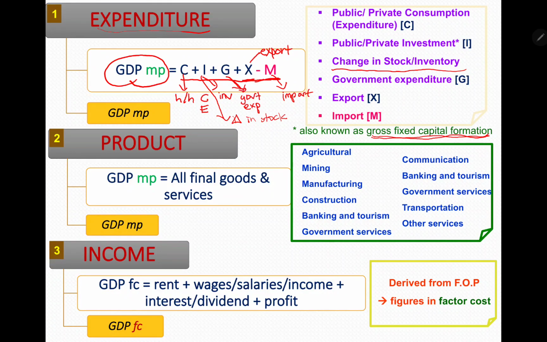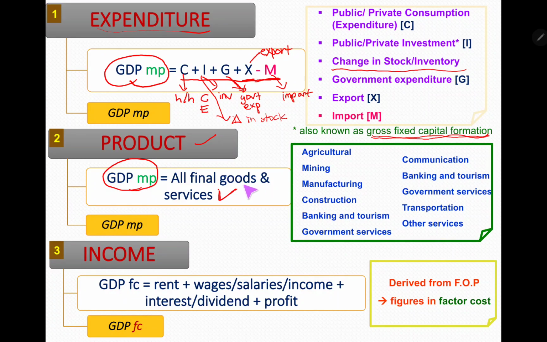Okay, next we move to the product approach. For the product approach, we don't have any specific formula because there are too many economic sectors. So we use the formula all final goods and services, and when you count the value of all final goods and services, it will represent the gross domestic product at market price.